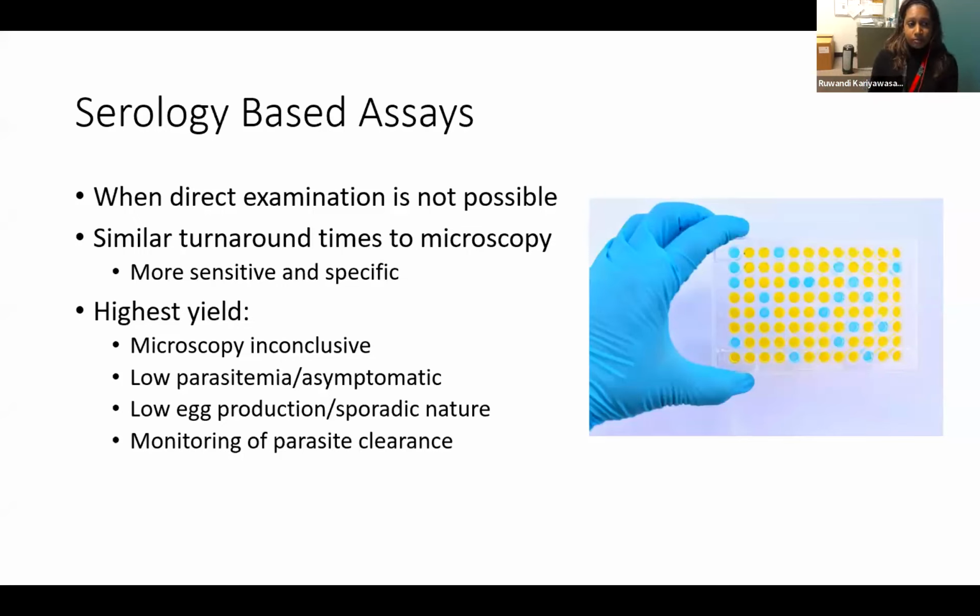You can't tell what the organism is under the microscope, or, for example, the patient has a very low parasite burden or is asymptomatic. There are a number of other factors that can contribute to why the microscopy was unrevealing. For example, depending on the parasite, there might be low egg production, or the production of eggs is sporadic in nature.